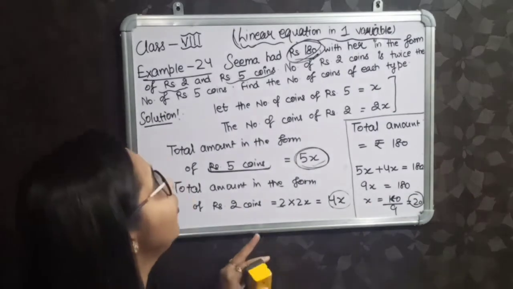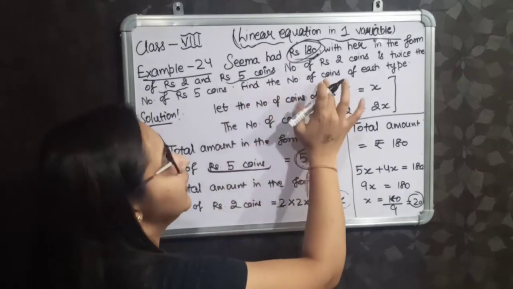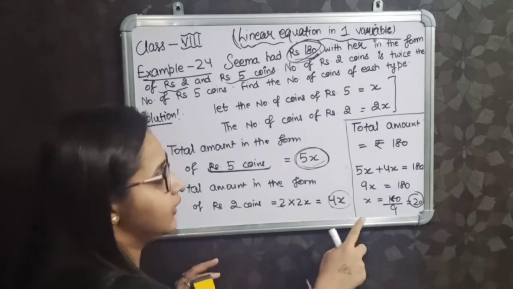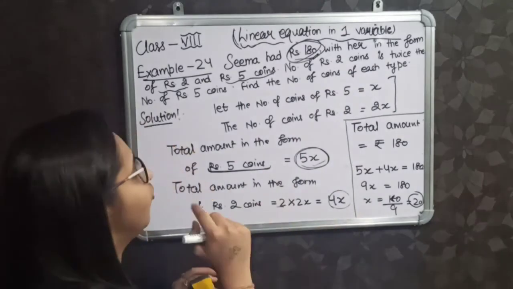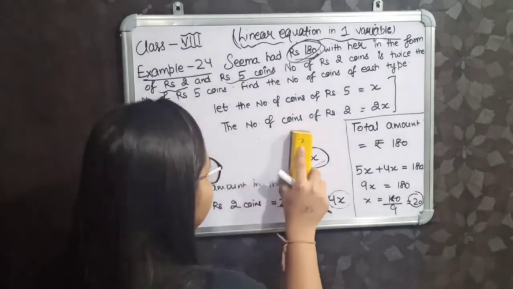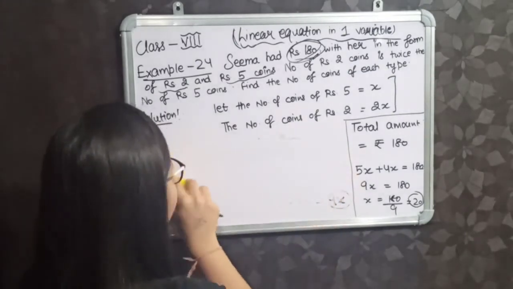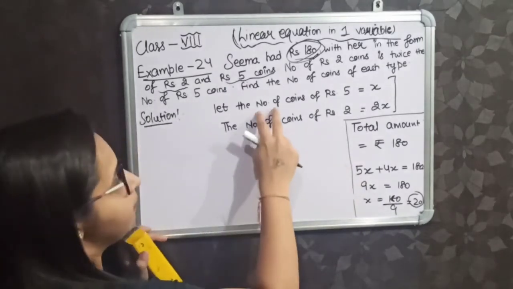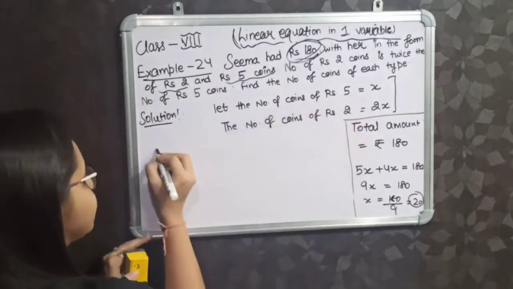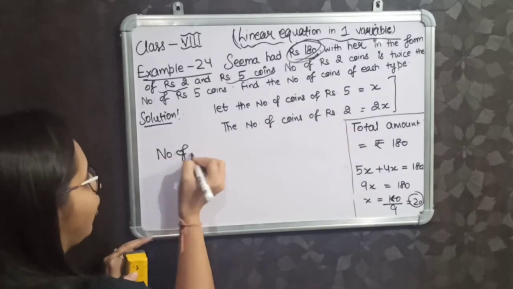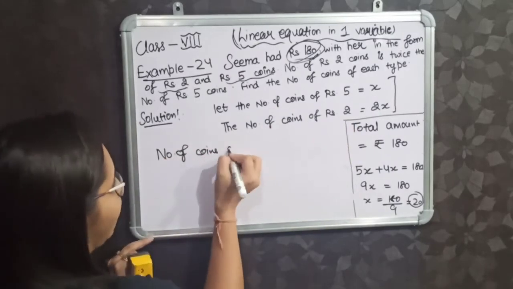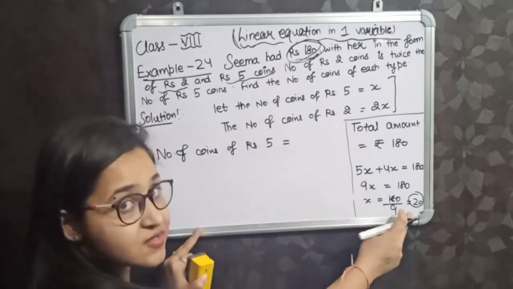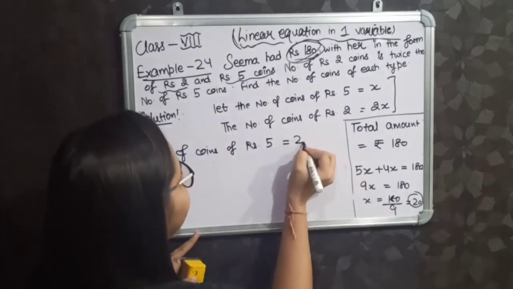So you have just found the value of X only. Now what will you do? You have to find the number of coins of each type. I am rubbing this part. See, you have taken the number of coins of rupees 5 as X, and X is now 20.